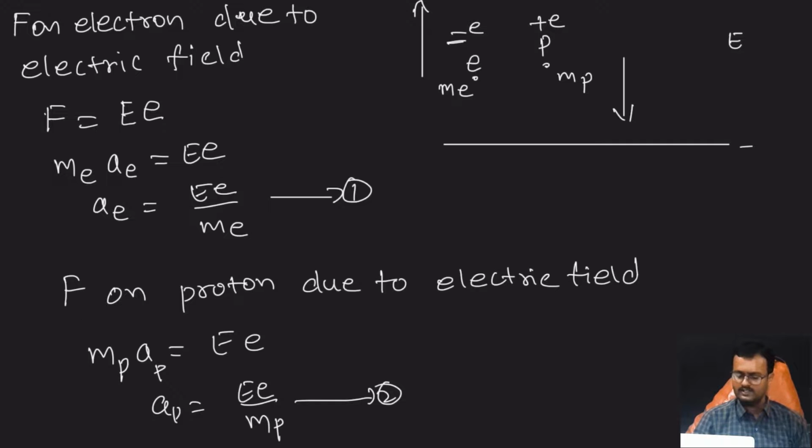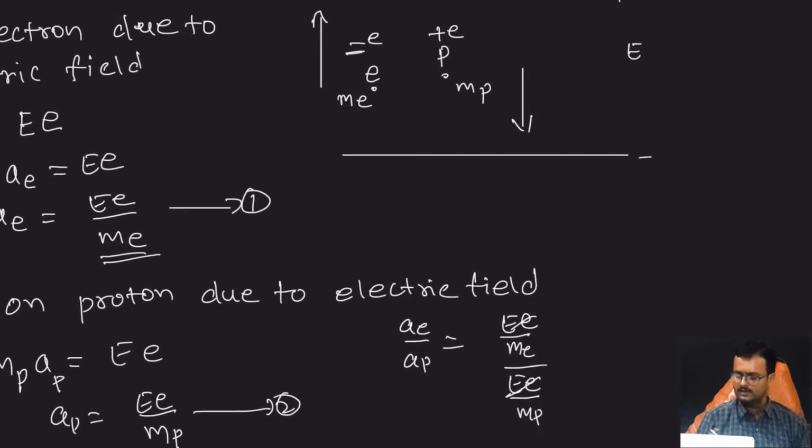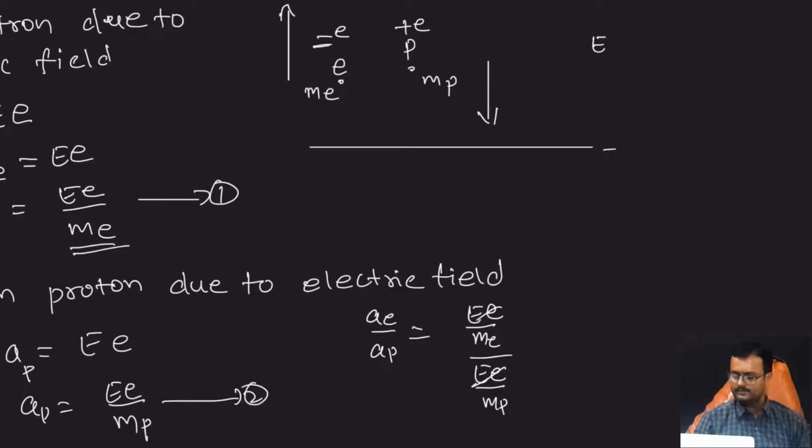You want the ratio, that means division. So ae by ap is equal to, see here, Ee by me divided by Ee by mass of proton. E cancel. So 1 by me by 1 by mp, that is mp by me.